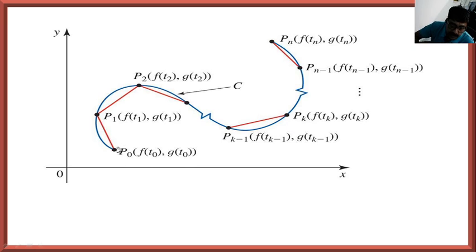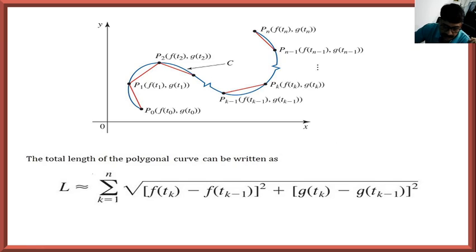Now join all these points p0, p1, p2, etc. by line segments so that we will get a polygonal curve. So joining these points p0 to pn, we get a polygonal curve. We'll find the length of the polygonal curve first.